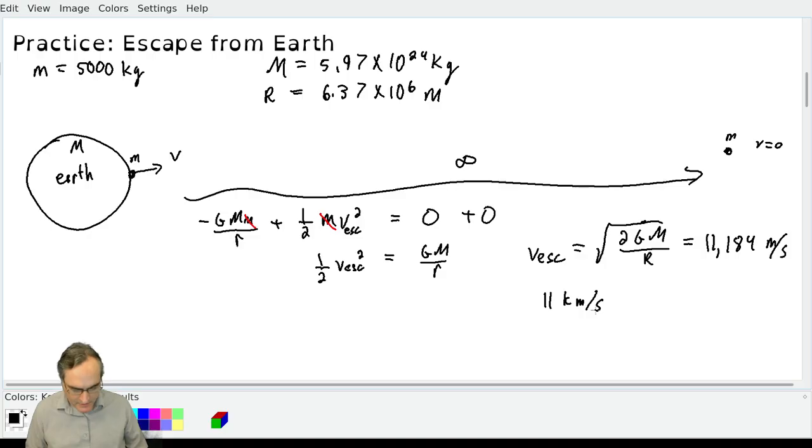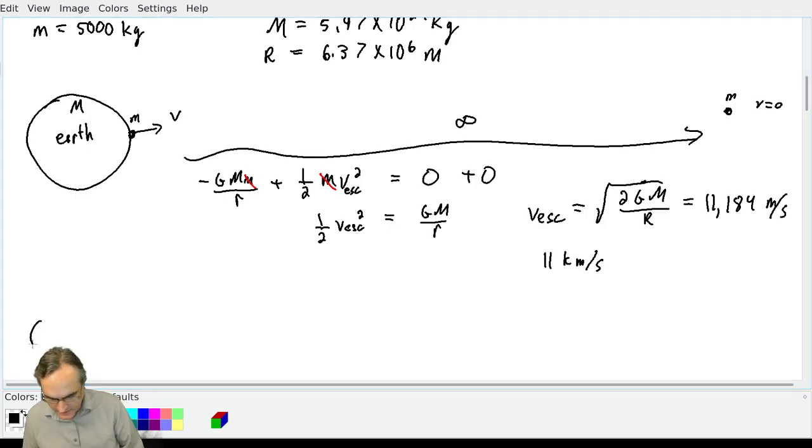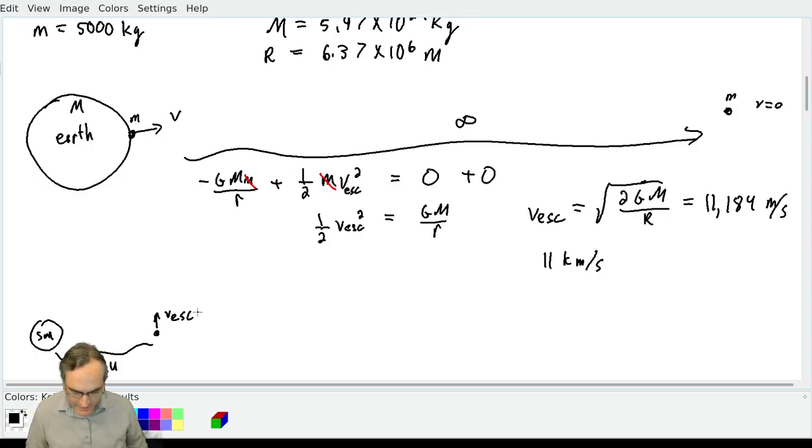All right, since we're here playing around with this and we've just got the equation again, let's think about what if you wanted to escape from the solar system. So here you'd have the Sun out here at 1 AU away, and we'd have to figure out how fast, starting at the orbit of the Earth, do we have to go to escape. So there we'll use the mass of the Sun and the distance between the Sun and the Earth.